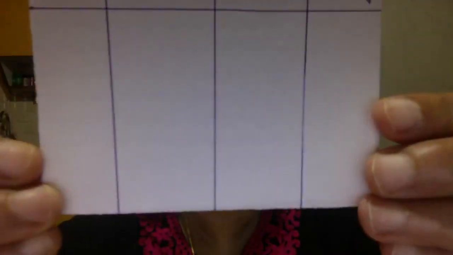The last column will have supply. And in between you will have 2 columns, D2 and D4.